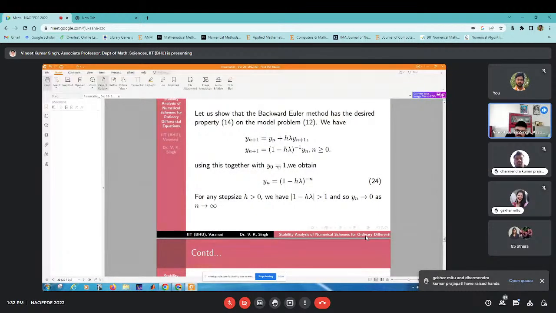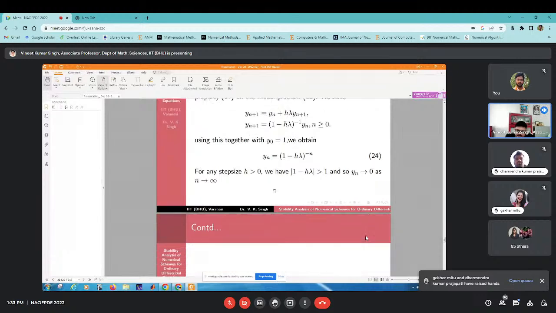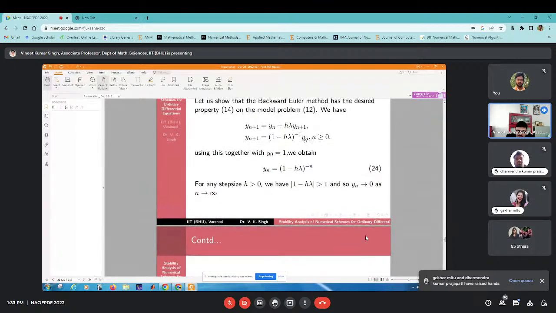Now with the initial condition y naught is 1, and by using induction, take n is 1, then we can write y1 in terms of y naught. Take n is 2, then I can write y2 in terms of y1 and y1 in terms of y naught. And take n is 3, and similarly n is n plus 1. So finally we can get yn.